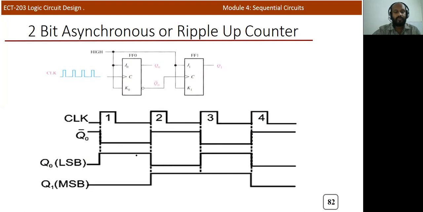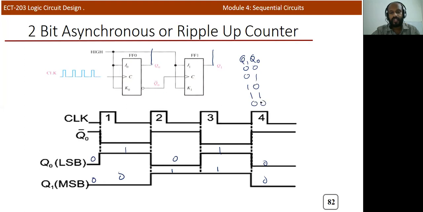This is the final waveform. If you observe Q1 Q0, Q1 is one output line and Q0 is another output line, and Q1 is the MSB. So it is 0 0 initially, now 0 1, then 1 0, and 1 1, and again it is 0 0. So you can see that initially it is 0 0, after that 0 1, then 1 0, and finally 1 1.